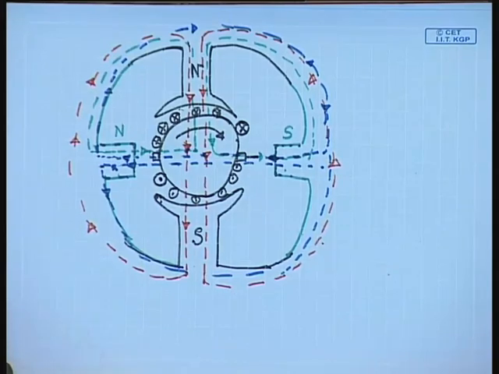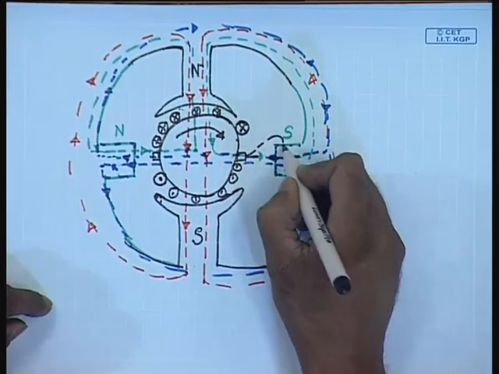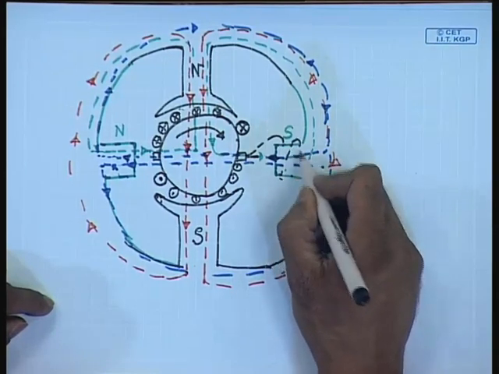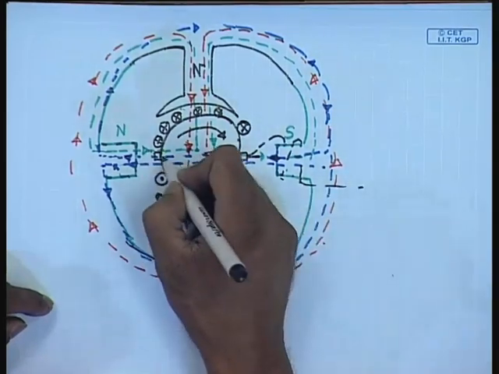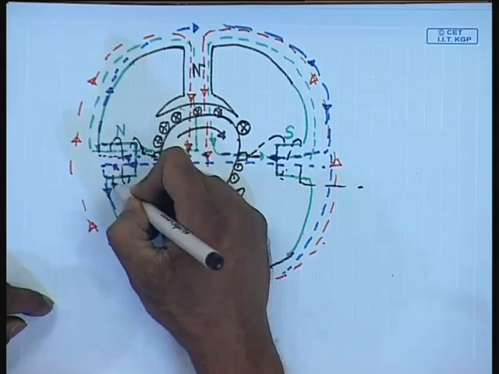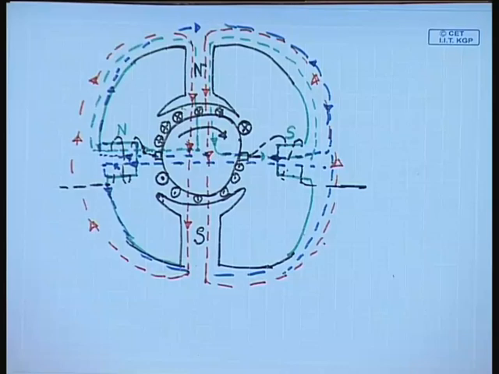And since the interpole is supposed to compensate the armature reaction flux, interpoles are excited by the armature current, that is the coil on the interpole is connected in series with the armature winding, so that at all load conditions it can cancel the armature reaction flux.